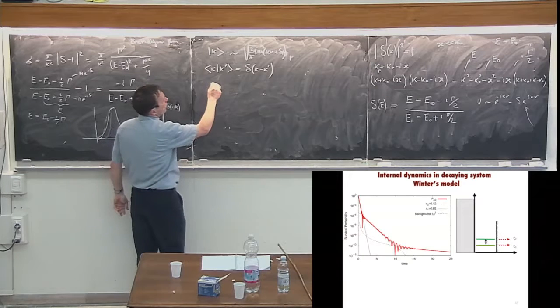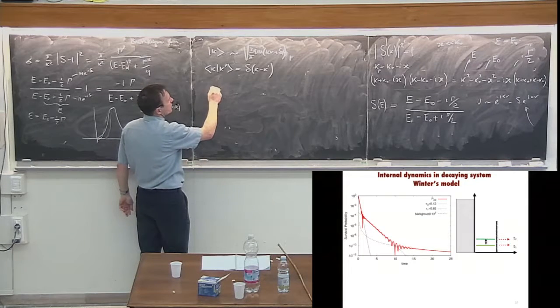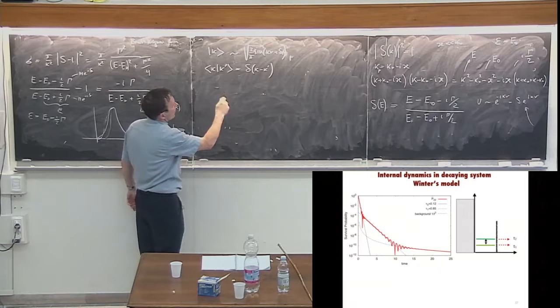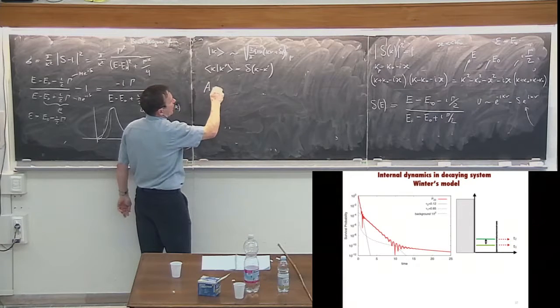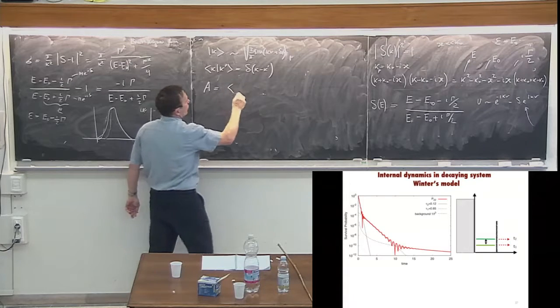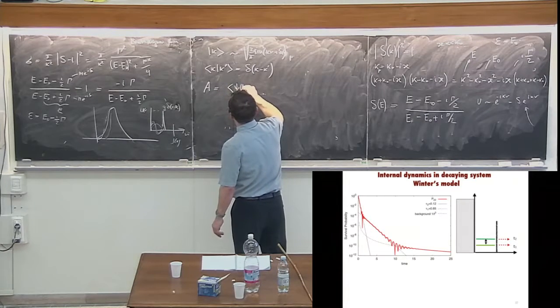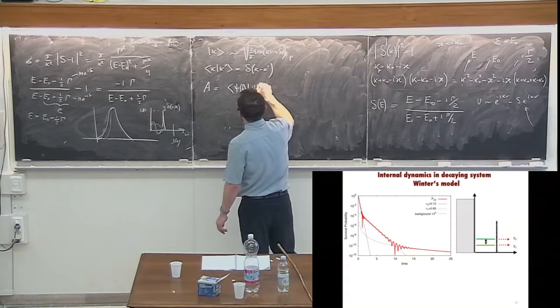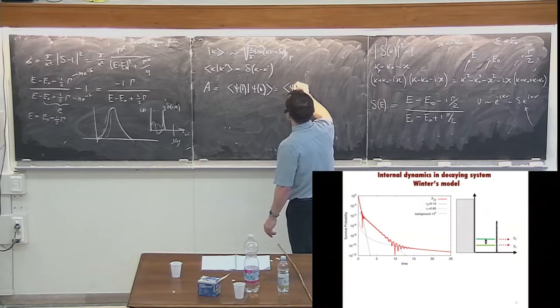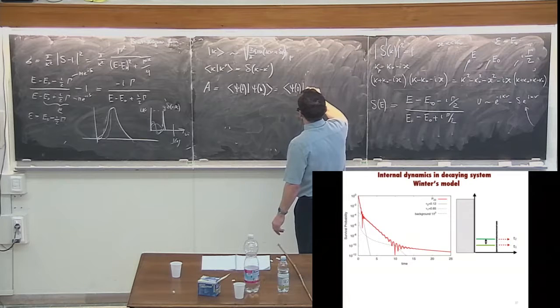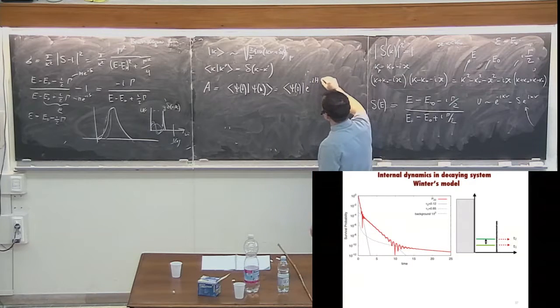Okay, so in order to find your time dependence, if you have some initial function psi, let me write it this way. The survival probability, or survival amplitude A, is essentially your overlap, psi of t times psi of 0. This is the same as psi of 0 times e to the minus i H t psi of 0.